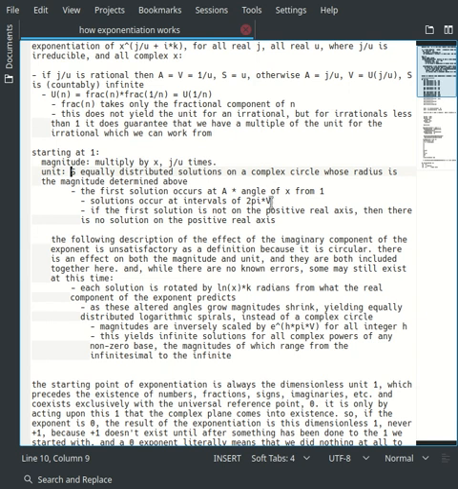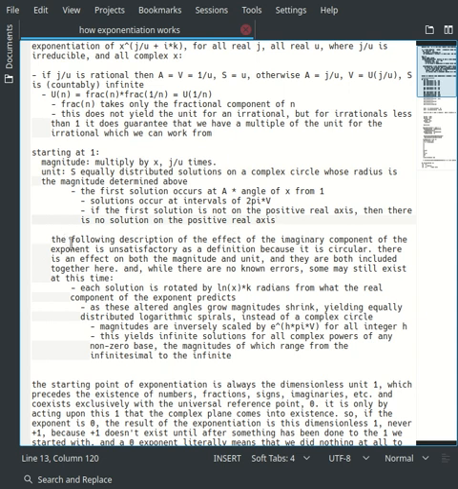So as you keep going around, as your angle increases to infinity, you end up putting down a countable infinity of spots, of solutions. If the first solution is not on the positive real axis, then there is no solution on the positive real axis. Okay.